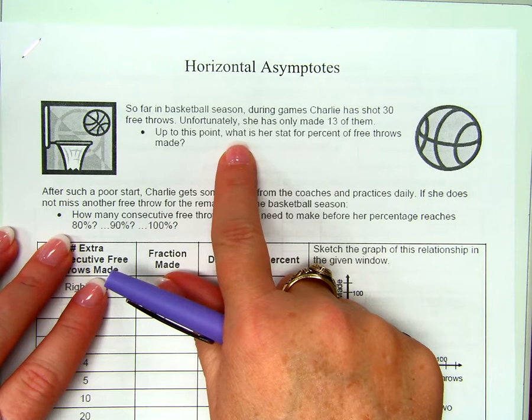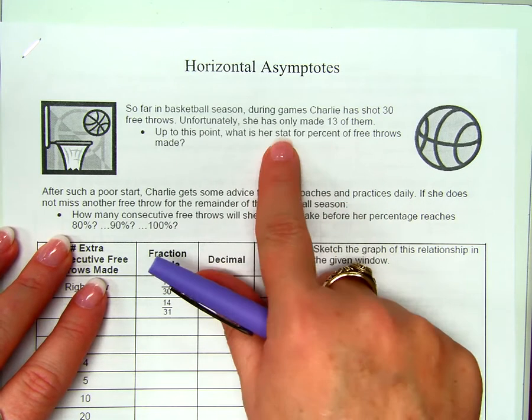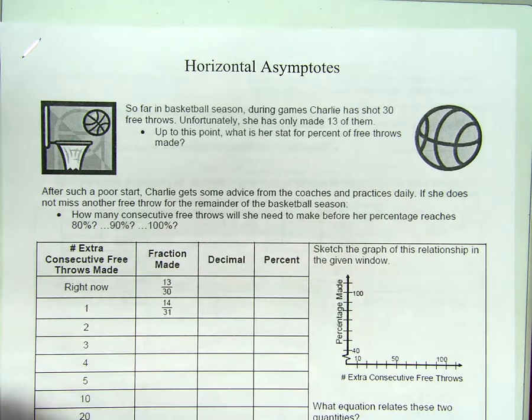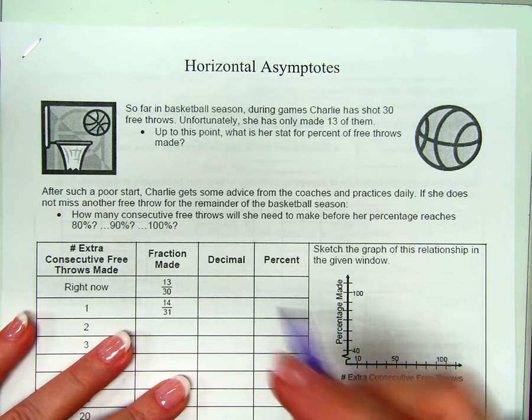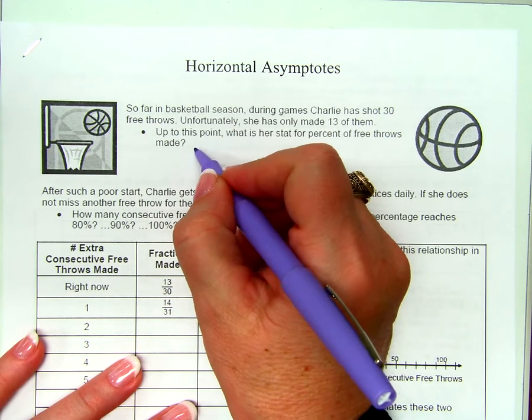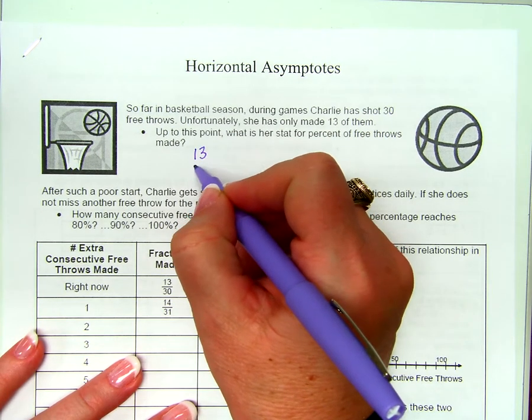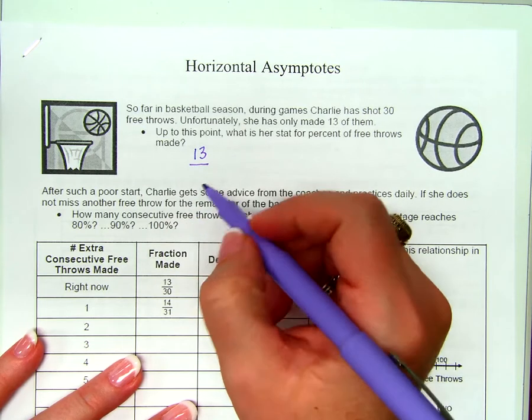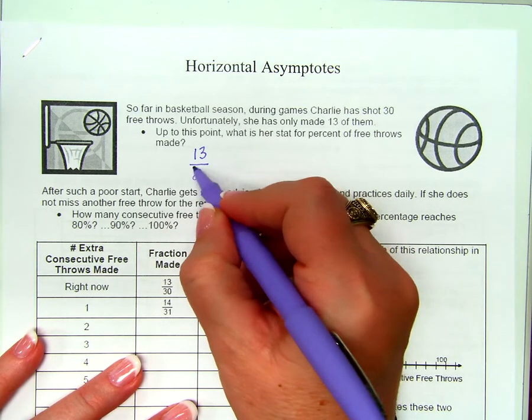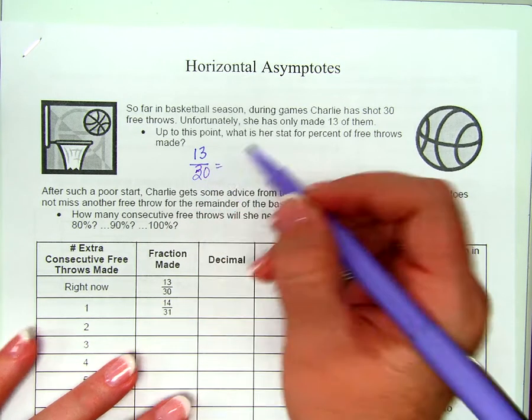So up to now, what is her statistic for the percentage of free throws made? Well, how do you find a stat for percentage of free throws made? You take what she's made and divide by what? How many she's tried, which is a 30, not a 20, Kingston.